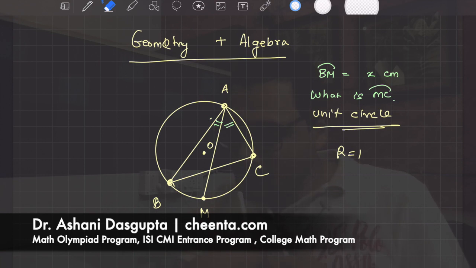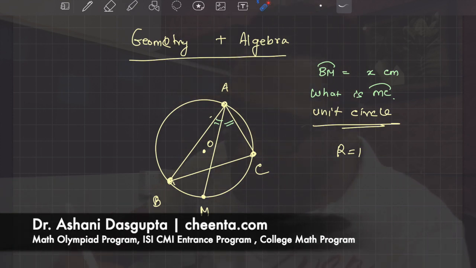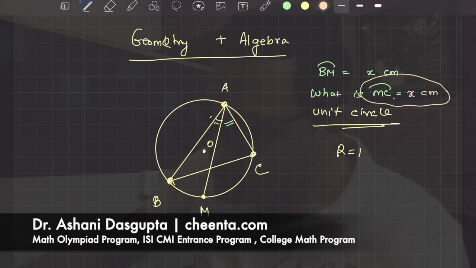Now, this part is extremely simple. The length of the arc MC is also x centimeter. Now why is that? Well, let's look at it like this.